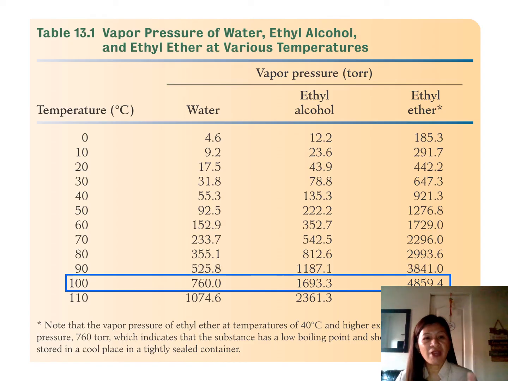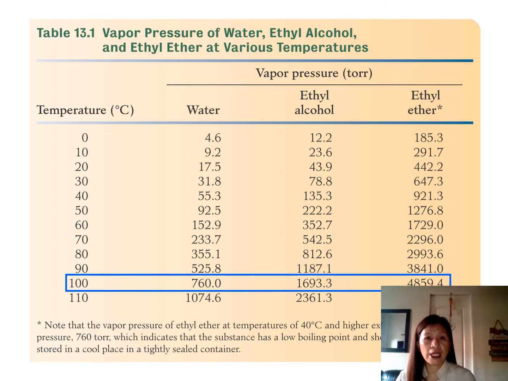Mas mabilis mag-vaporize yung liquid, mas mabilis tataas yung vapor pressure, mas mabilis ma-reach ang same atmospheric pressure at mag-boil. So kung mahina yung intermolecular force, mabilis mag-vaporize, mag-escape from the liquid state yung mga molecules, mas mabilis mag-accumulate or tataas yung vapor pressure, mas mabilis ma-reach ang atmospheric pressure at mas mabilis magbo-boil ang liquid.